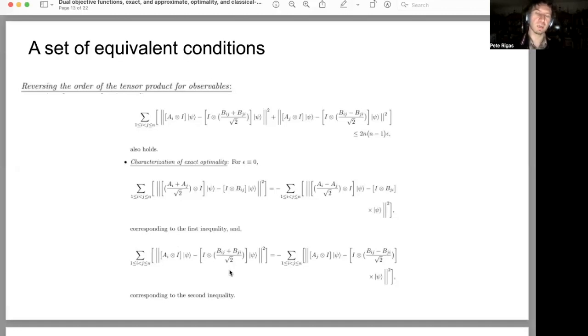And again, for the second equality, we can expect some very similar relation, except that instead of forming a superposition out of the observables that Alice can gather, we're instead forming a superposition in the tensor product of operators from Bob's observables, namely Bij plus Bji normalized by square root of 2.